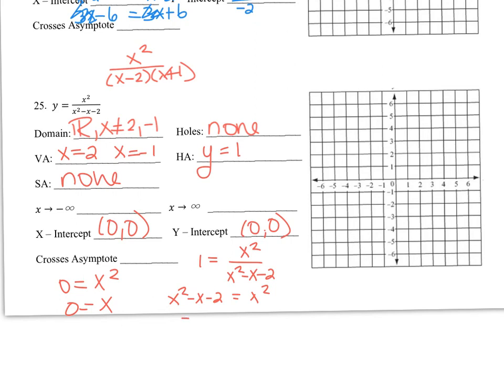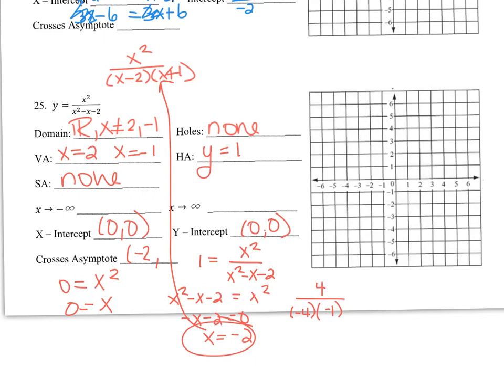Now I'm left with negative x minus 2 equals 0, so x equals negative 2. So when x is negative 2, it's going to cross it. To find the y value, I plug negative 2 into that. Negative 2 squared is 4 over negative 4 times negative 1, so this is 4 over 4, which is 1.